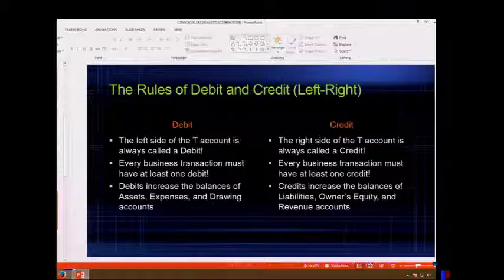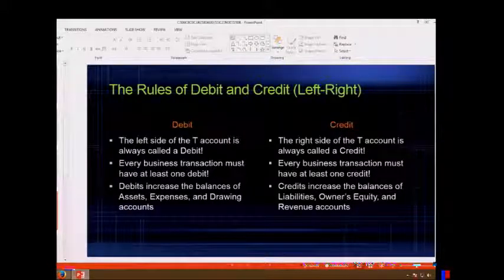And it says debits increase the balances of your assets, expenses, and drawing accounts. Credits are always the right side of the T account. Every business transaction must have at least one credit. And credits increase the balances of your liabilities, owner's equity, and your revenue accounts. So those are the rules that you have to follow when you're looking at your transactions.